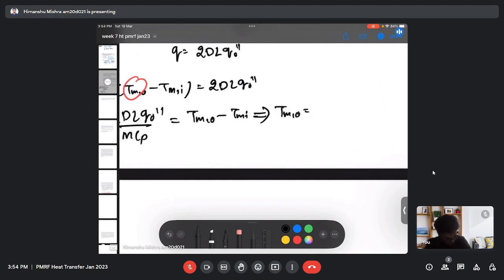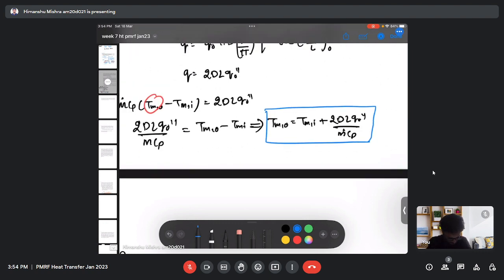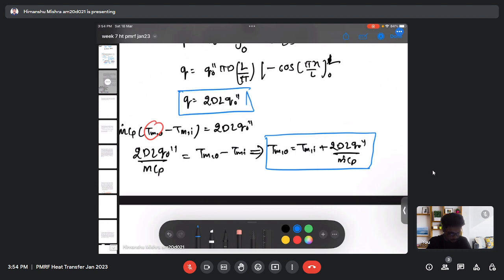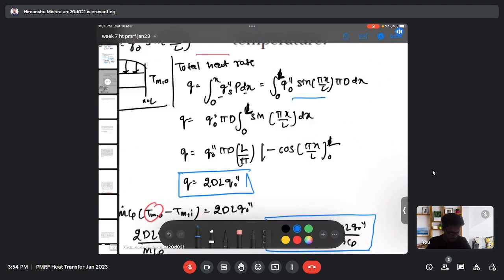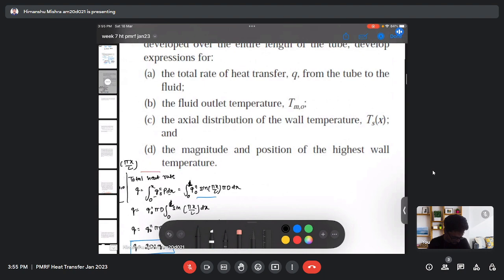So this is my outlet mean temperature, and this is my total heat transfer we just found after integration of the heat flux from 0 to L. Now we need to determine the axial distribution of the wall temperature, Ts.